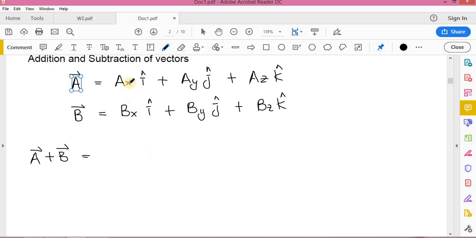You can only add the magnitudes that are in the same directions.